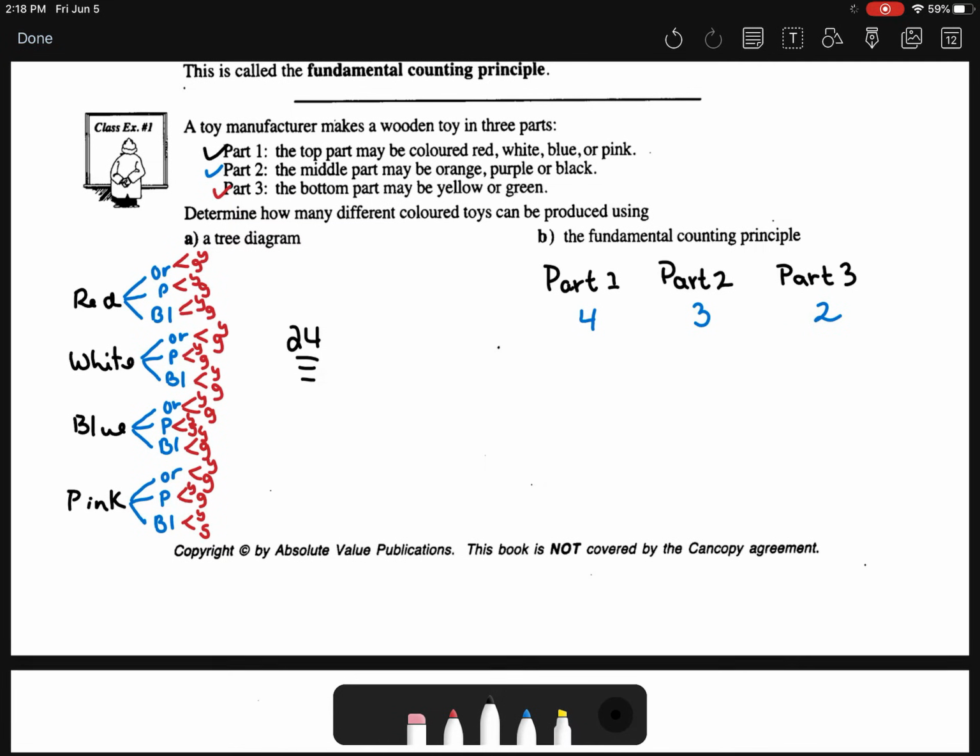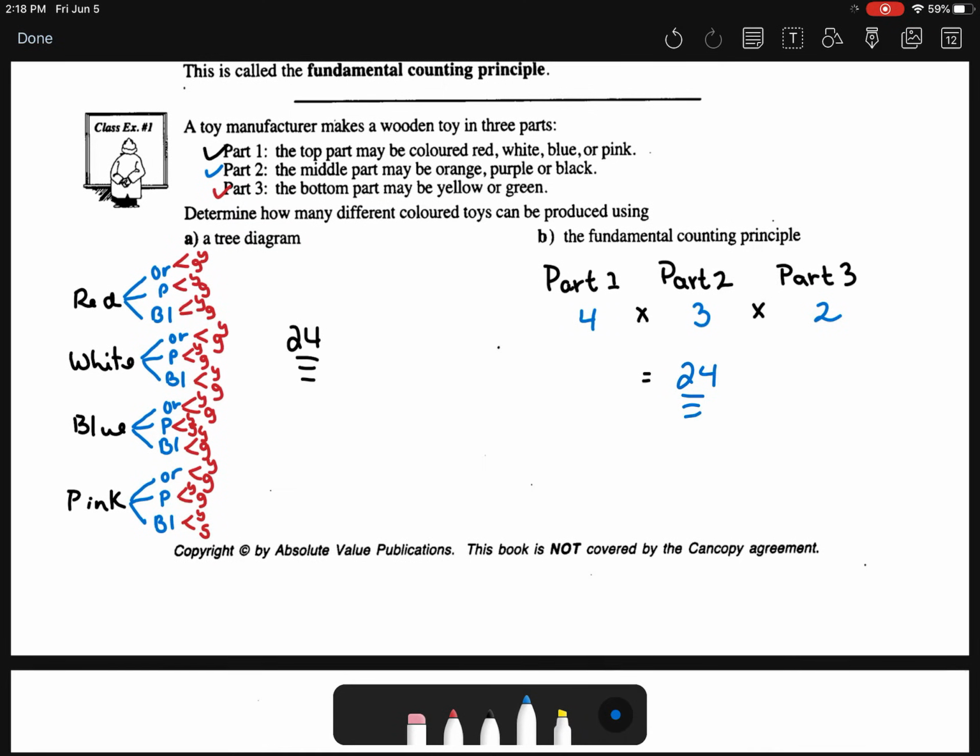So again, remember when we were calculating, I would make a selection for part 1, and then I would select my option for part 2, and then I would select the option I have from part 3, which there are 2 choices. So multiply 4 times 3, which is 12, and 12 times 2 also results in 24. Same exact final result, 2 different ways of doing it.